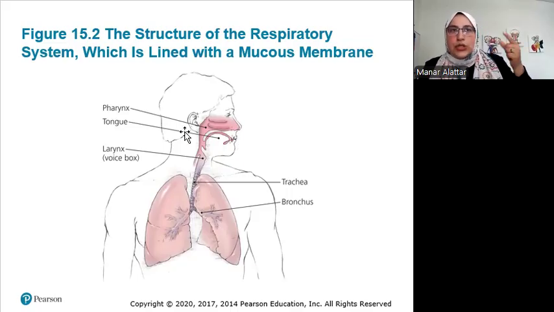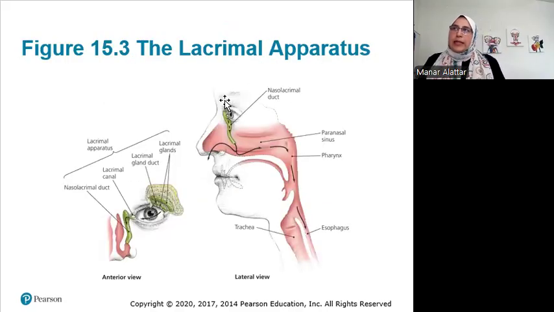And so there's this additional layer of protection with tears that are produced, you can see here, in our lacrimal glands, and we have ducts and glands both above and below our eye that produce and then drain those tears.